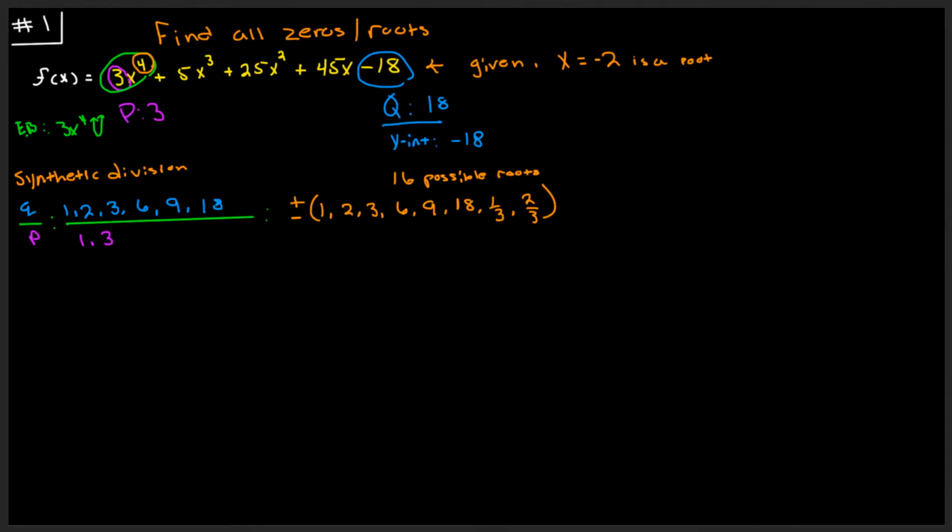And here's the actual process for synthetic division. Since we are given -2 is a root, let's go ahead and start with that because that'll just get us off to a nice start here. -2, and this is the way you set up your synthetic division.